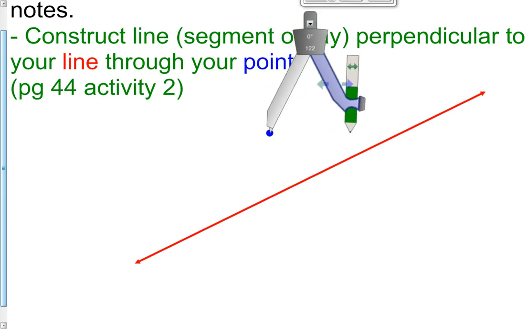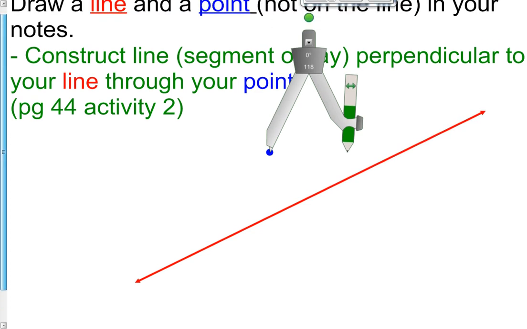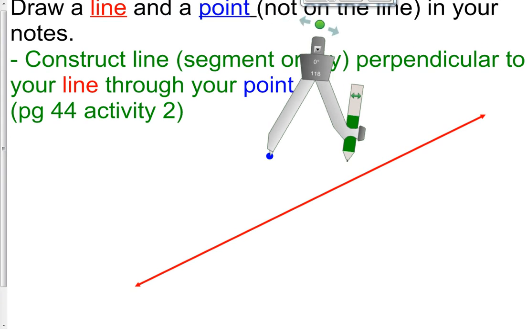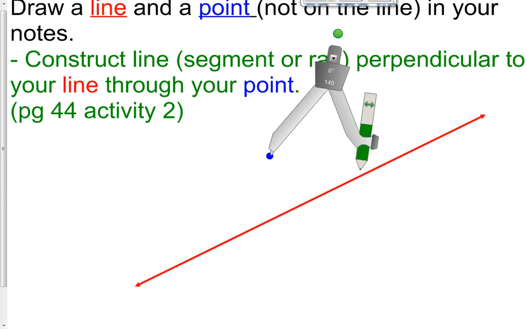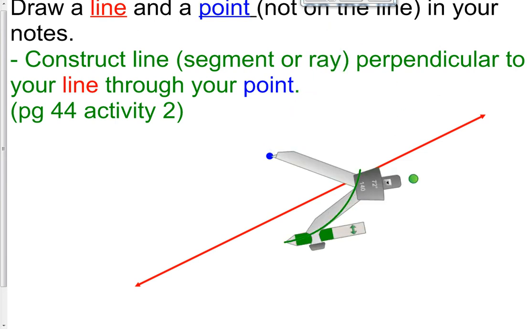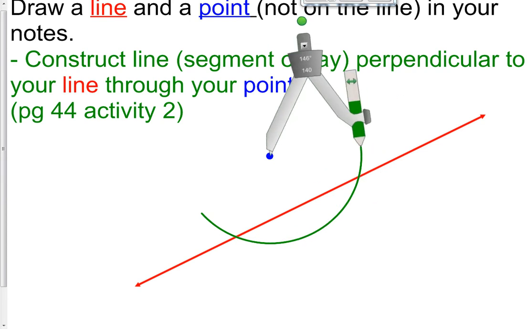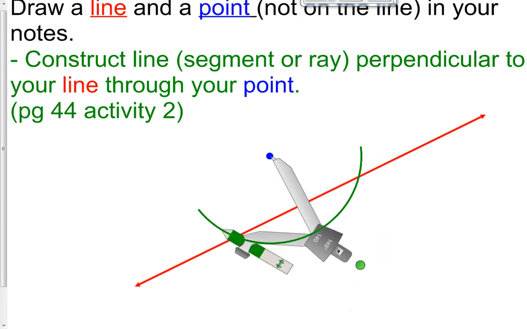And the stipulation here is we have to open up our compass enough so that it intersects the red line in 2 different places. So once right over here and once right over there. So there's the arc that you're going to draw.